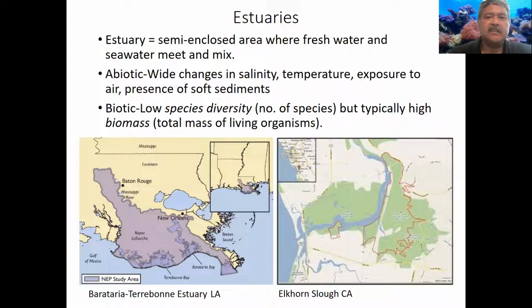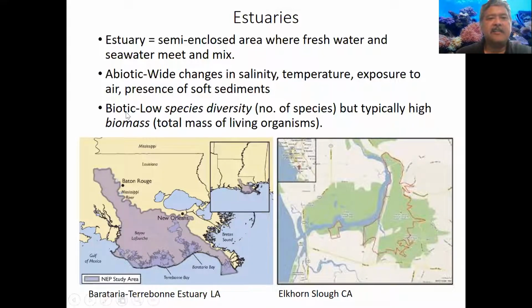What happens is there's a lot of changes in what we call the abiotic characteristics of the area, changes in salinity and temperature on a daily basis. Some animals are going to be exposed to the air for an extended period of time. And there are also soft sediments that are quite small and stuck together.